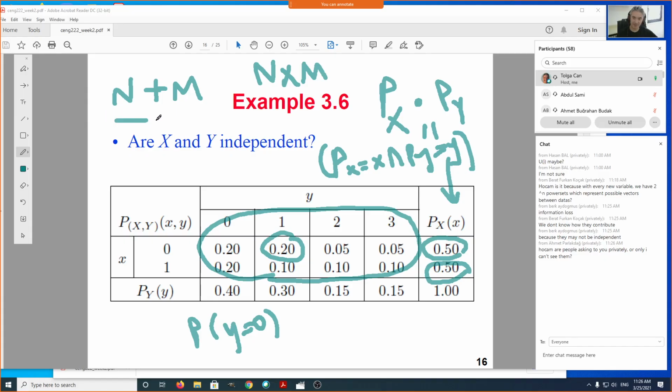If somebody gives us only these n plus m items, we would be able to compute the joint probability distribution only if all of the events are independent. If there is some dependency between those events, like a causality relationship, for example, the cumulative GPA and getting a good grade in an algorithms class.